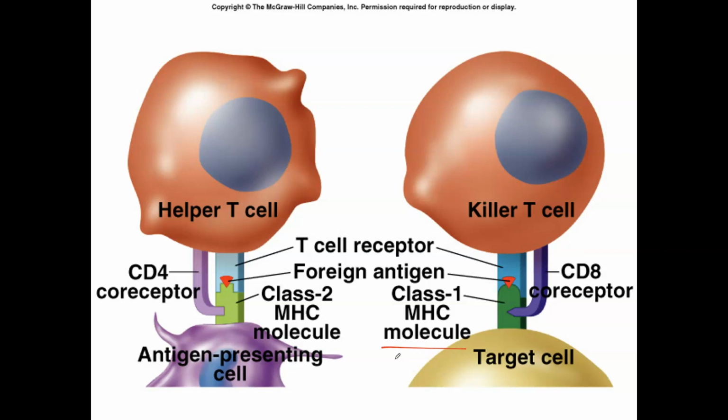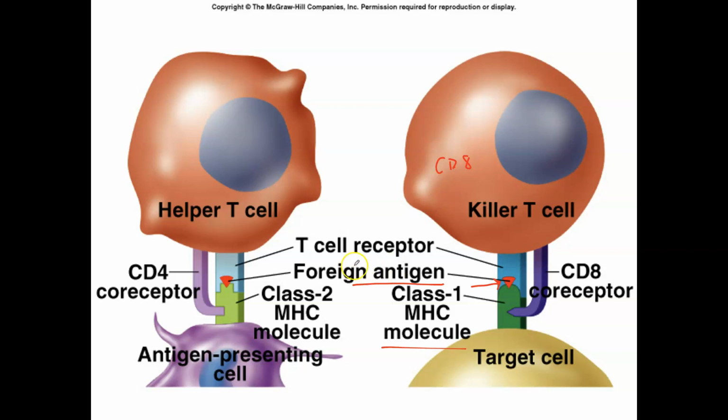So when viruses invade a cell, they can actually be digested, and their antigenic fragments can actually be loaded onto the class 1 MHC, and that's what can be presented to the cytotoxic T cells, or what we call killer T cells. Sometimes they're also just referred to as CD8 cells.